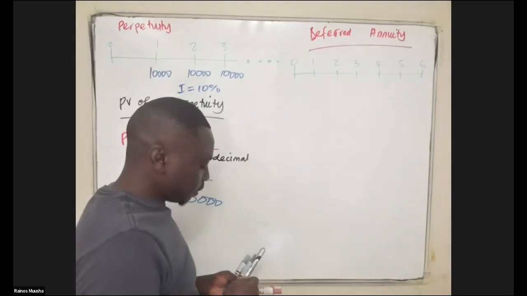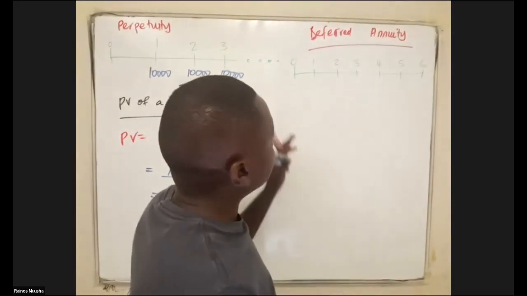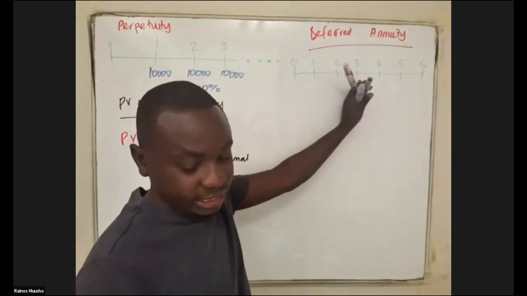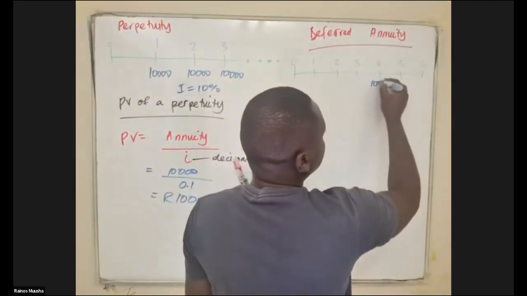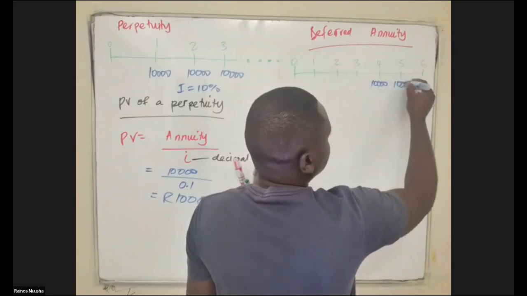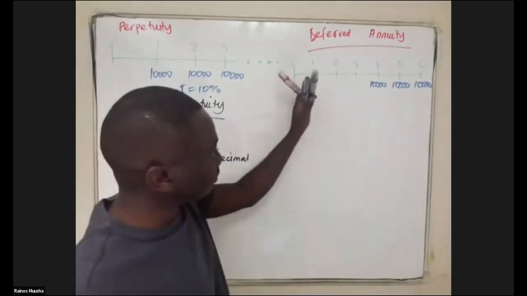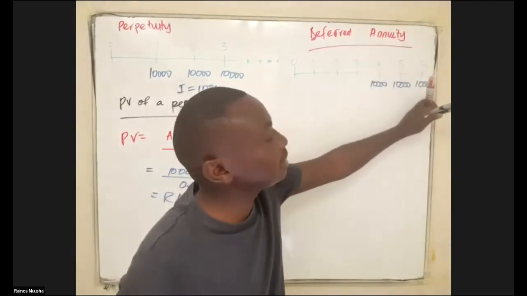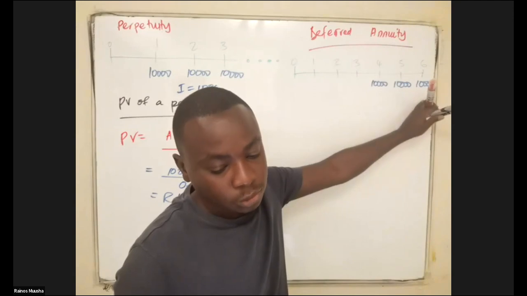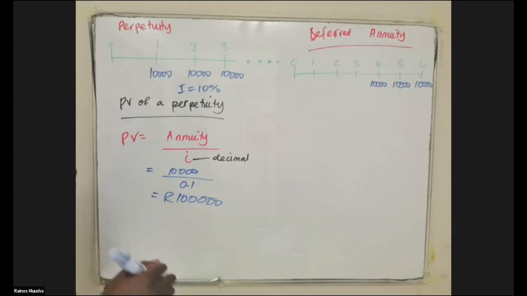And then they say there is no payment of 10,000 for the first 3 years, but after that, there is going to be an annuity payment of 10,000 at the end of each year for 3 years. So this is what we refer to as a deferred annuity: the annuity payments are going to be there, but they are only paid after a given period of time.